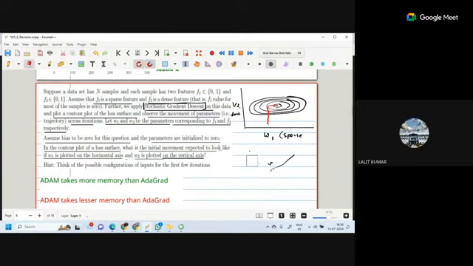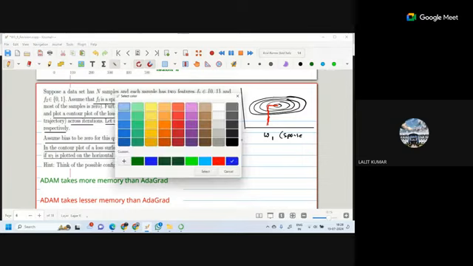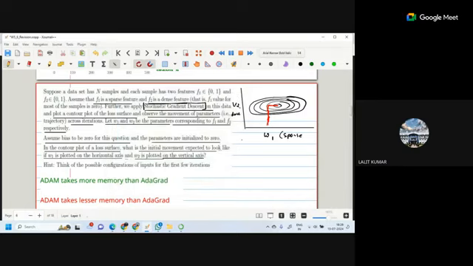So there are more updates for the denser one. It will take the first updates in the denser direction, jittery, and then it goes on. Whereas if we had used AdaGrad in this case, it would have gone from here only.